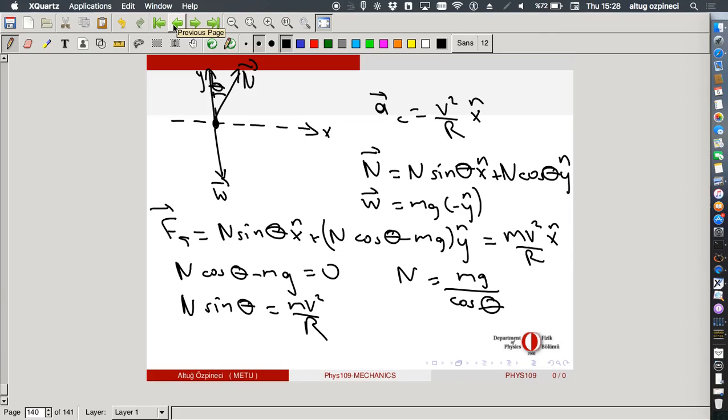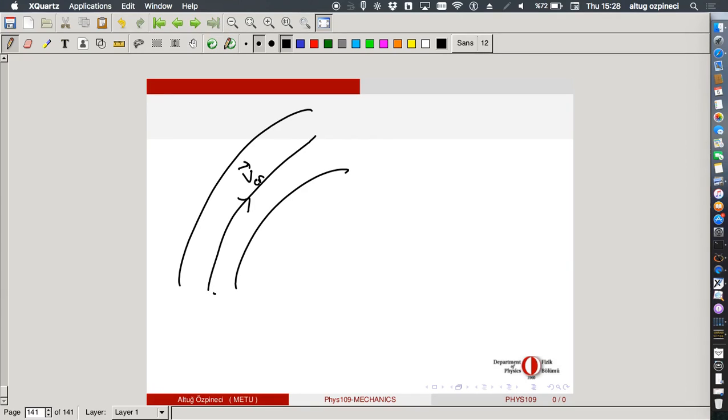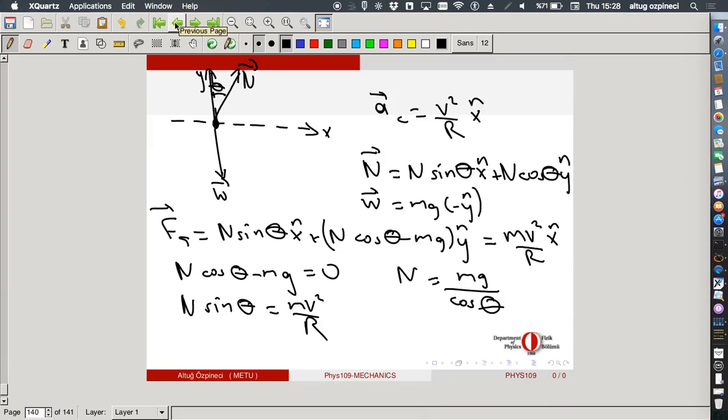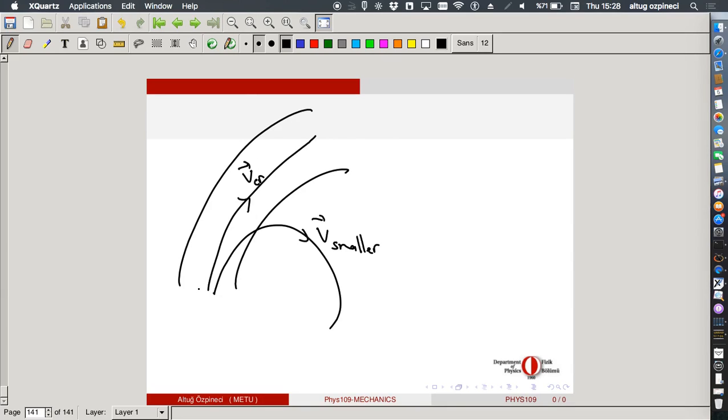If v gets smaller, r should also get smaller, so you are going around a smaller circle. This is for v smaller. If you go with a larger speed, if v is larger, r will also become large, and this will be your trajectory. V larger. In both cases, you get out of the road, since there is no friction.